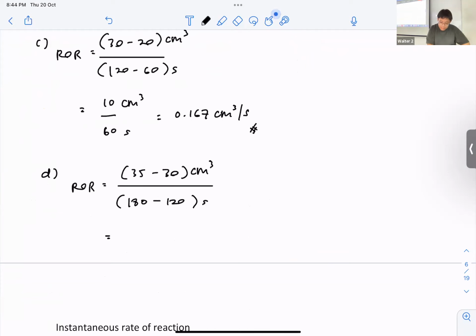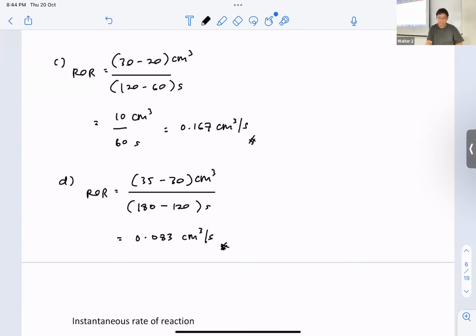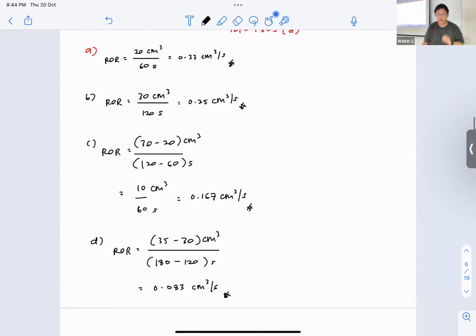So it's 5 divided by 60. You get 0.083 cm3 per second. So that is your answer for D.